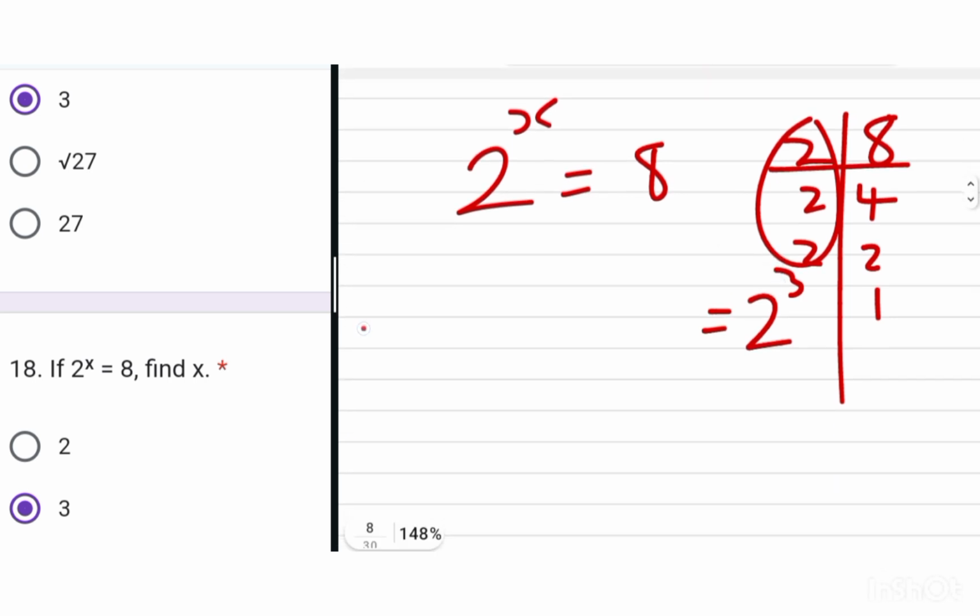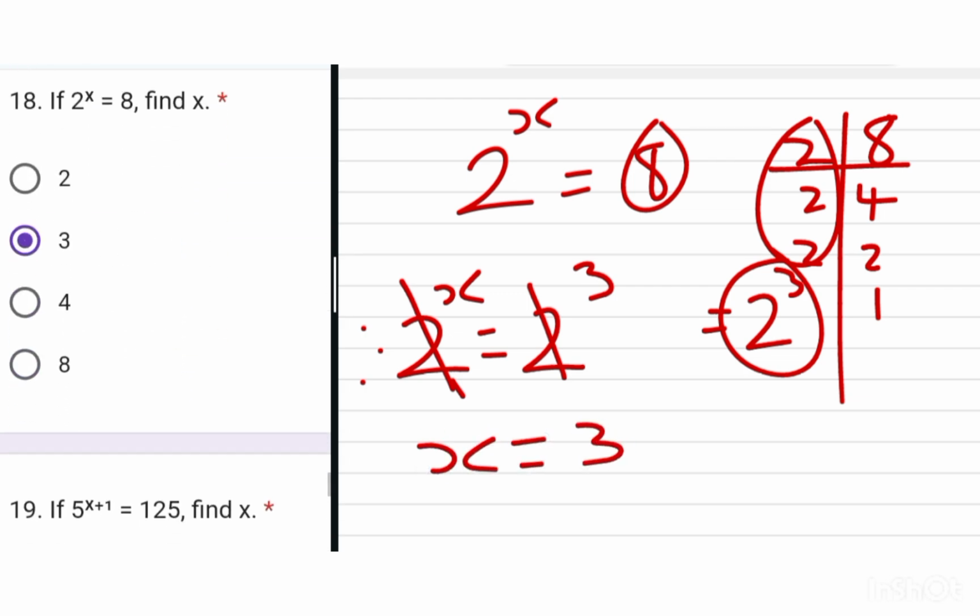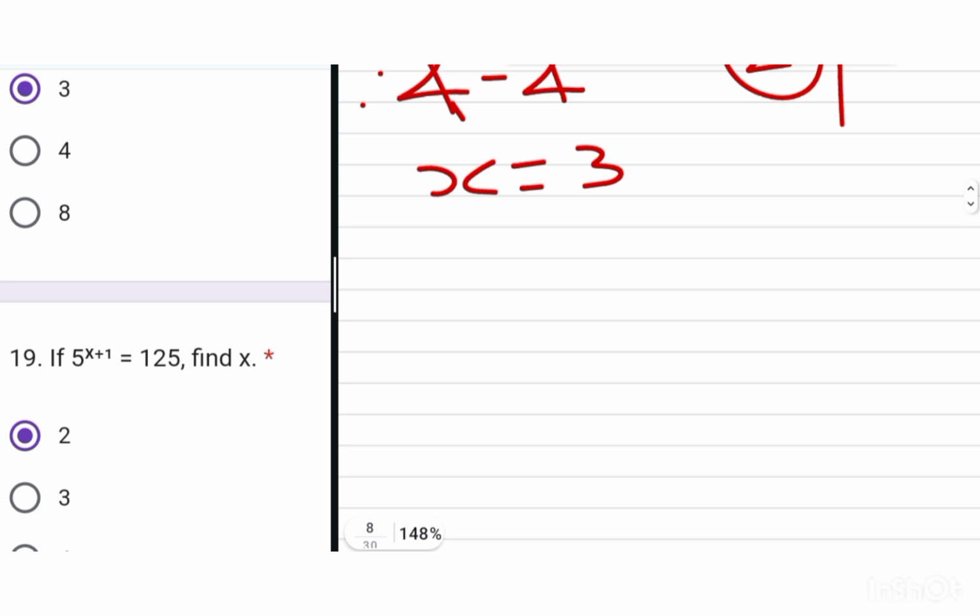So we will have 2 raised to power x is equal to 2 raised to power 3. Since the bases are equal, cancel out the base 2. What do we have left? x equals 3.